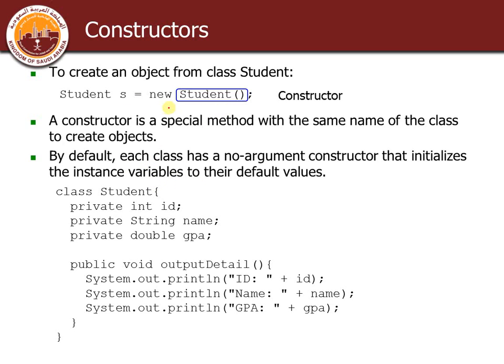If you look at this class definition, I did not put the code of the constructor myself. If I don't put the code of that constructor, Java will give me one by default. That's what we were using up to now.